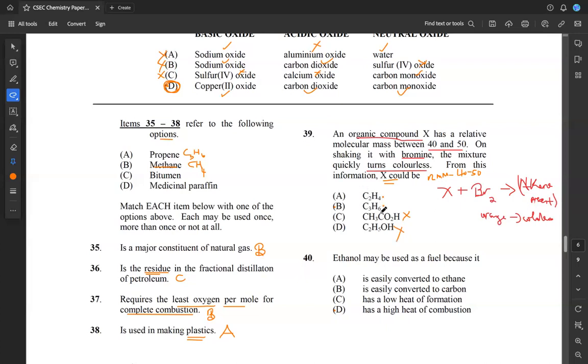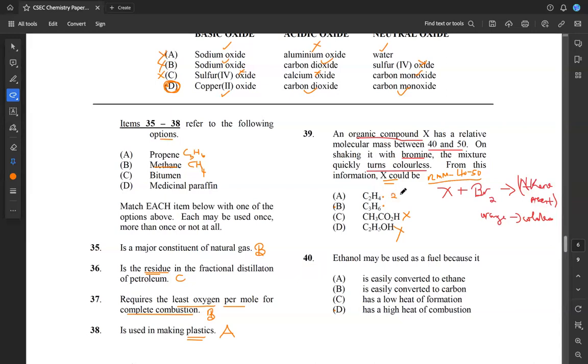These are both alkenes, so we have to choose between these two because they both would decolorize bromine, because they both have double bonds. But the difference between them is the mass. They told us that the relative molecular mass has to be between 40 and 50. For ethene, the first one, the molecular mass is going to be 12 times 2, 24, plus 4.